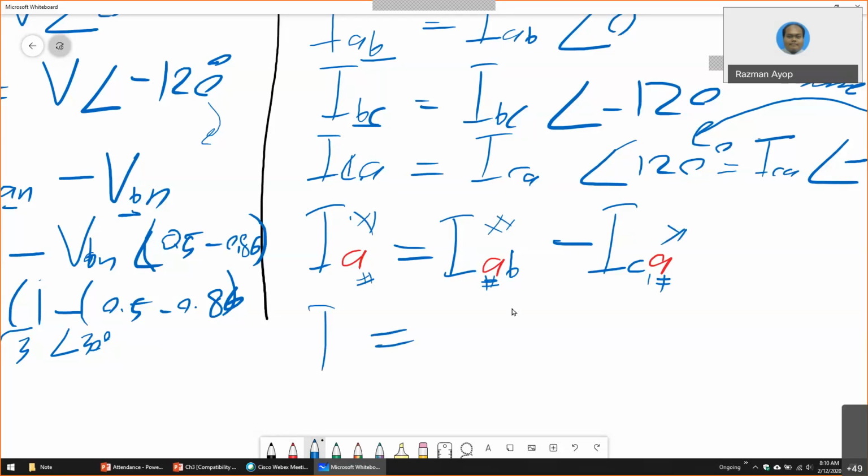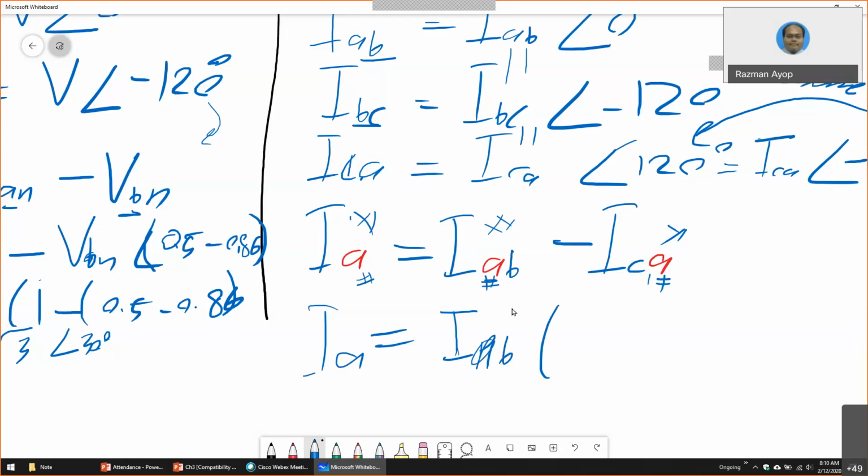IA is basically I. Because this is a balanced load, this one is equal to this one. So for a balanced load, I just pick IP, or you can choose IAB, also can.